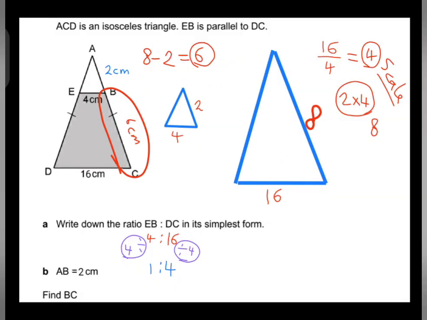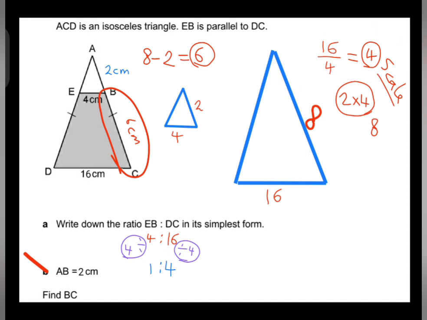And this is how you answer a question like this. So the basic idea is what? First thing we did in A, we found the ratio by putting the length of each line. And then we simplified by dividing as much as we can. And then for B, first step we did, we separated the triangles, and then we found the scale factor of enlargement.